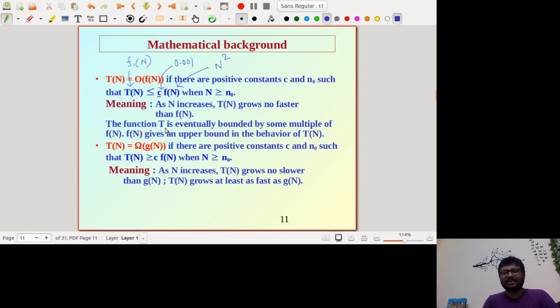The function T is eventually bounded by some multiple of F(n). So F1(n) is eventually bounded by 0.001 times n square. Eventually. So F(n) gives an upper bound on the behavior of T(n) in this particular sense that we said.